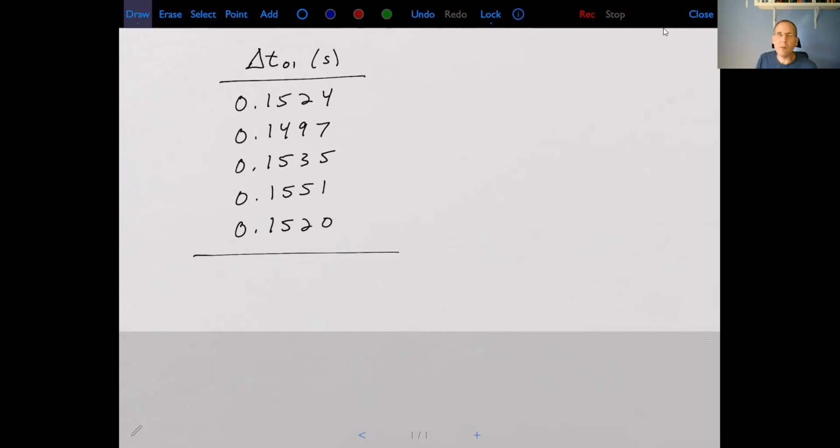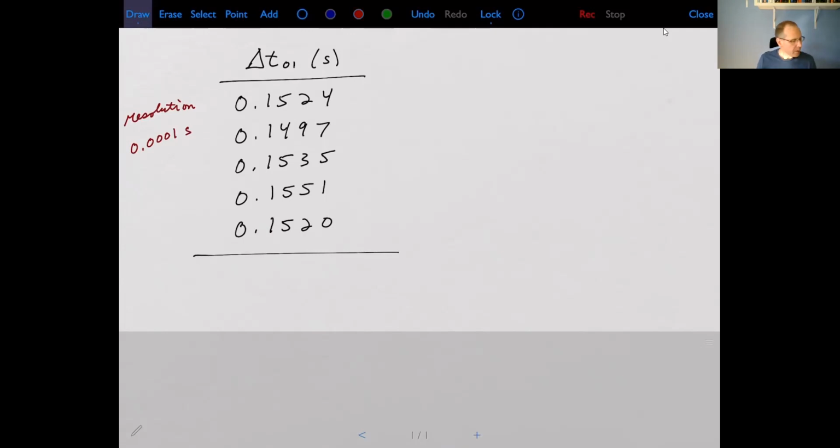Okay, so first of all, remember the resolution of the instrument in this case is based on the number of decimal places. And we can see that the resolution is going to be 0.0001 seconds, right? That would be the smallest time that this photogate and timer system could measure.